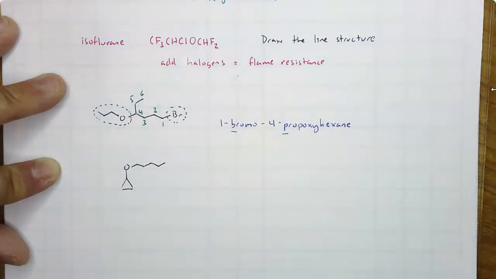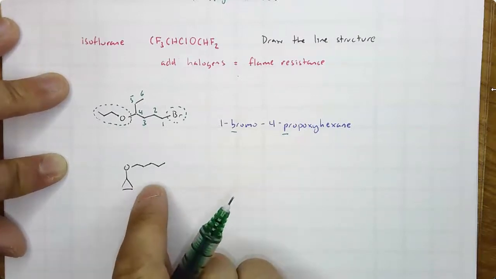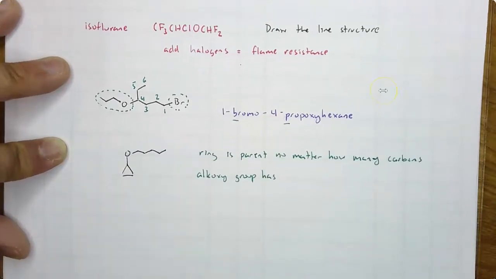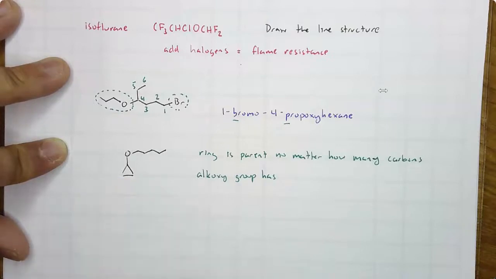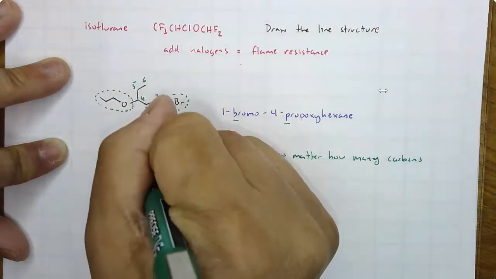When you have a ring, the ring is going to be the parent no matter how large the alkoxy group is. This is the parent, cyclopropane, and the substituent is this one, because the ring is going to be the parent.